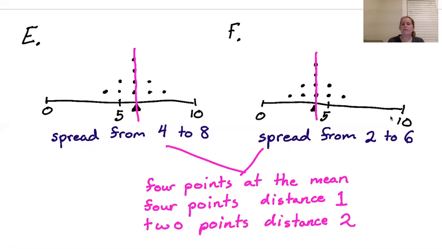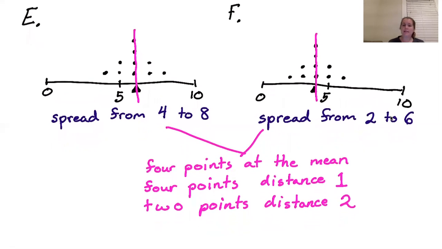So if we ignore the actual numbers and just look at the distances, these are essentially the same graphs when it comes to spread, right? So because these have the same distances, the distances from the mean match, these actually have the same ADM.